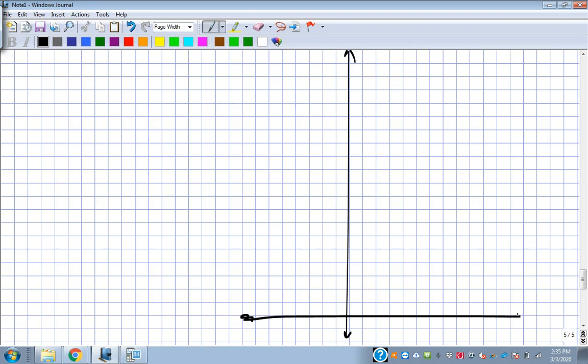You could change the scale of your x or y axis, go by 2s or something like that if you wanted to make it smaller. So I'm going to plot those points. 1, 13. 2, 7. 3, 5.